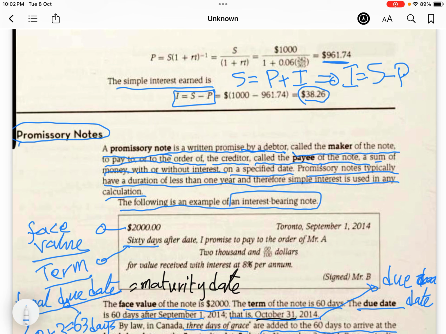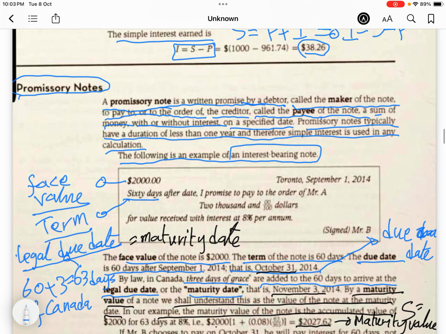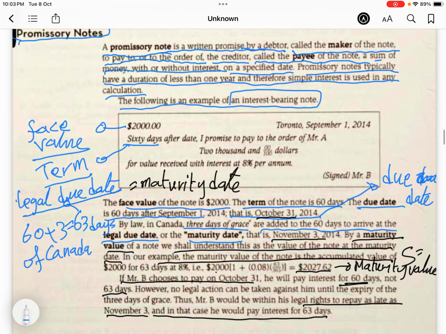Promissory notes typically have a duration of less than 1 year, and therefore simple interest is used in any calculation. The following is an example of an interest-bearing note.